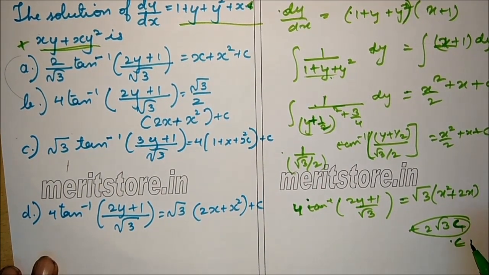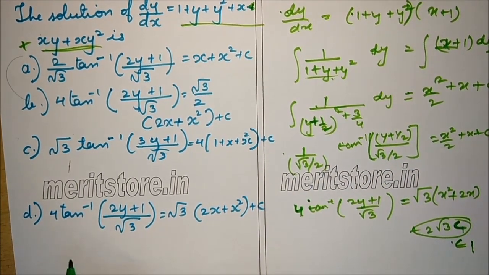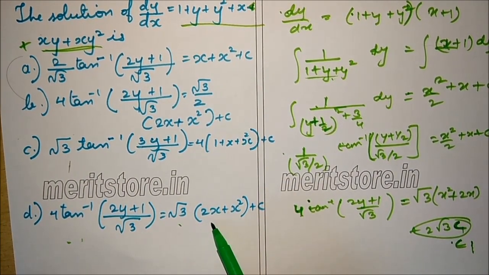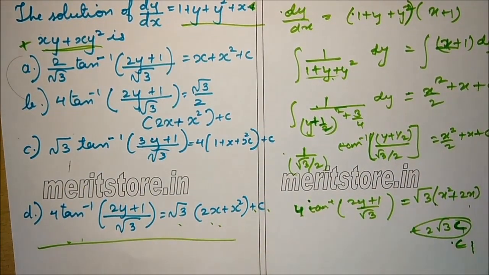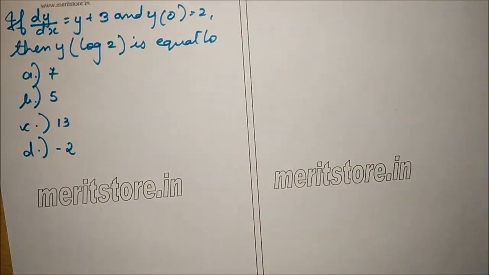Let this constant be c1. So now we compare it with the options. 4 tan inverse of 2y plus 1 by root 3 is equal to root 3 times 2x plus x square plus c. So the answer is D. 4 tan inverse of 2y plus 1 by root 3 is equal to root 3 times 2x plus x square plus c.